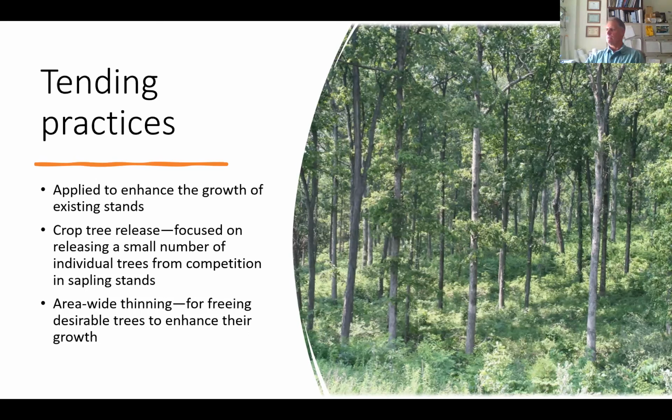Crop tree release tends to be focused on releasing a small number of individual trees from competition. And it's more often done in sapling stands, although it can be done in older stands as well. Area wide thinning typically is for freeing desirable trees to enhance their growth. So we're trying to benefit all the trees in the stand that we're leaving behind.